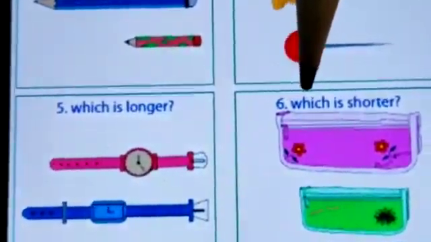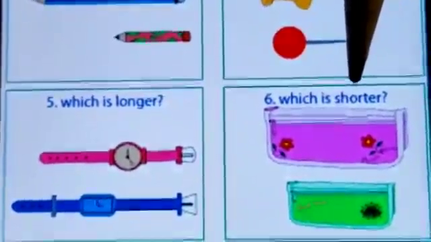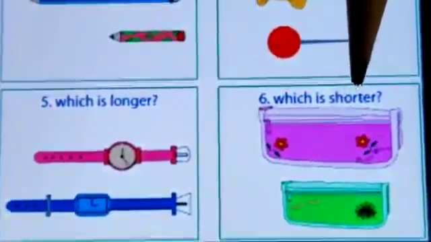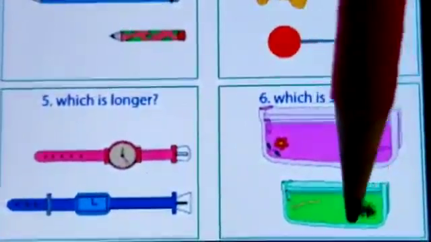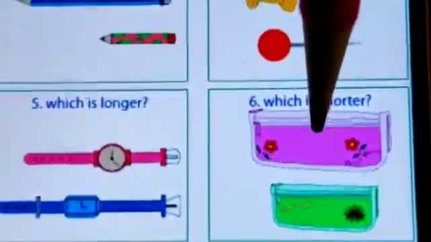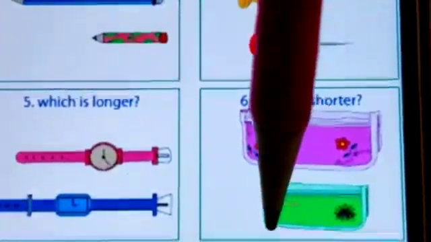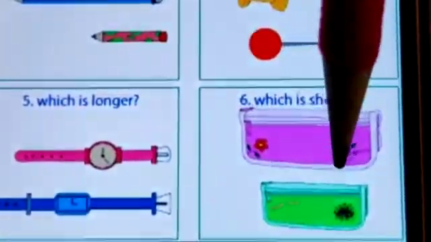Yes. Now the last one. Which is shorter? These are pencil pouches. Which one is short? The pink color or the green one? No, this one is shorter. Yes. So we will put a tick mark on this.